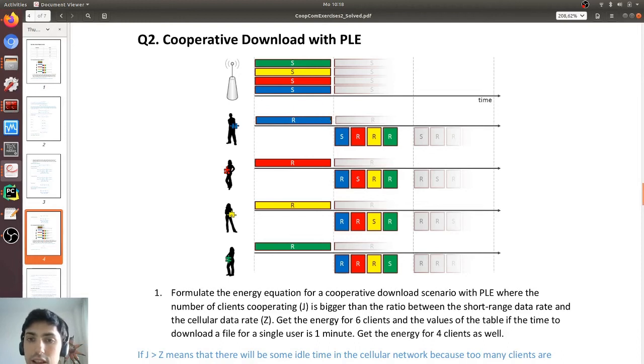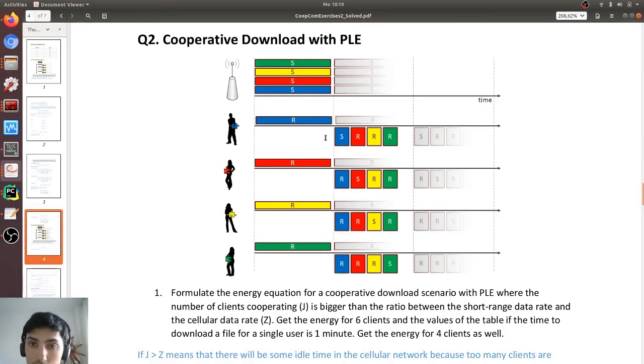This means that we can put 5 of these chunks, 1, 2, 3, 4, and 5 in the time it will take to receive 1 chunk of the cellular. However, we only have 4 clients, which means that we have here some spare time that we are not receiving anything, we are not sending anything. That means that the antenna is in idle.